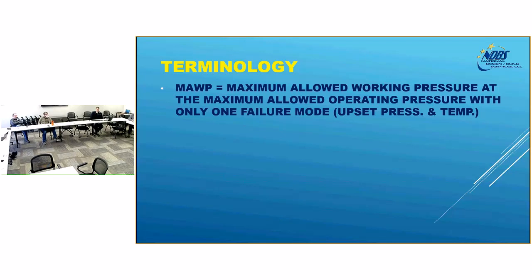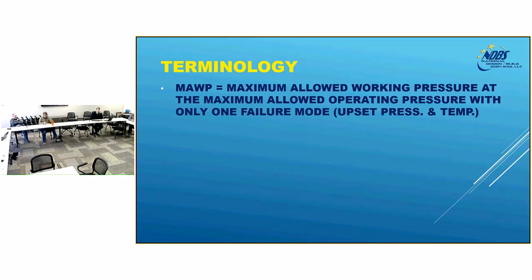So there may be an upset condition where a valve could get stuck open, or the process itself may be a chemical process that's exothermic, and the temperature may increase during that process, which also increases the pressure.